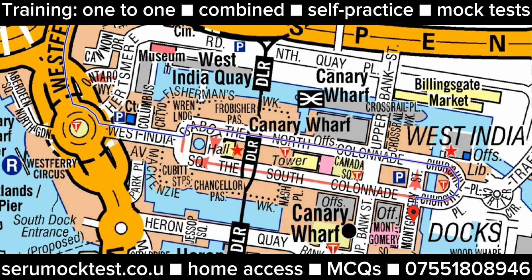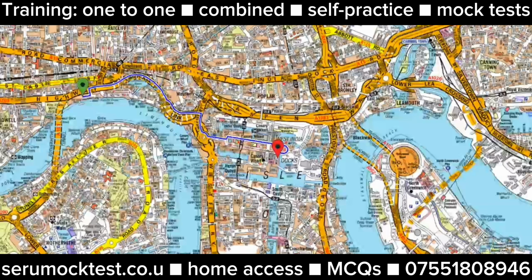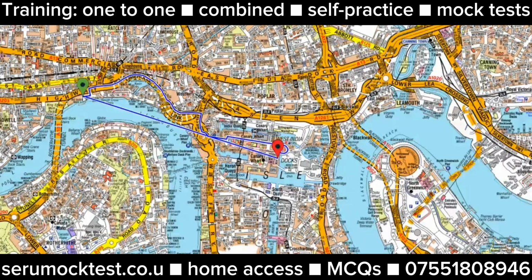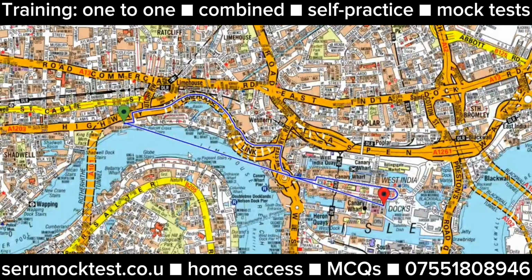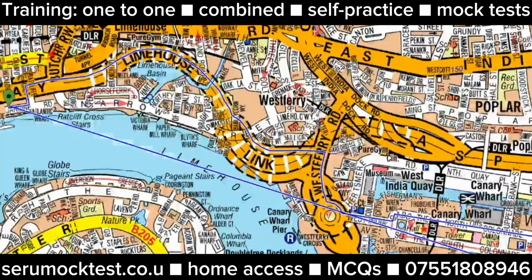So if you do this, and let's draw a line between two points, it's pretty much close, because you cannot drive on the river there. So it's pretty much close, as you can see here, to our destination. And if you do it, then you should secure full marks on this one.